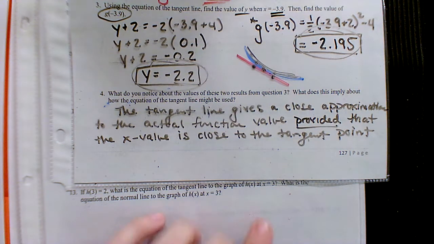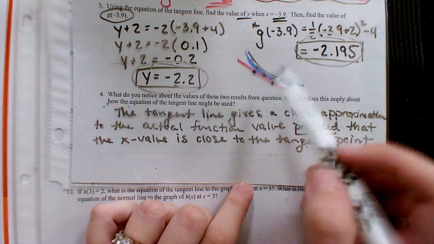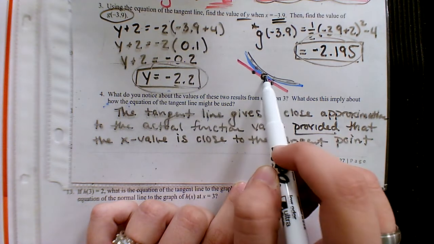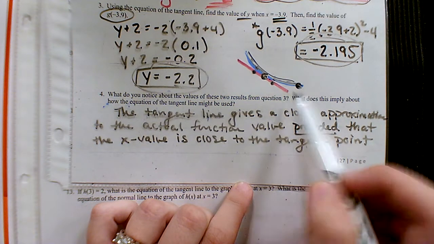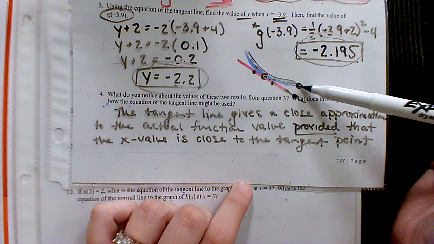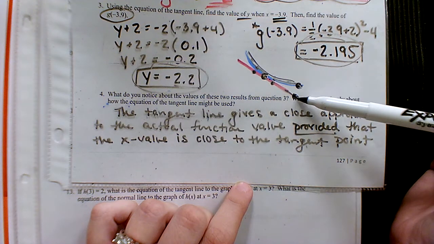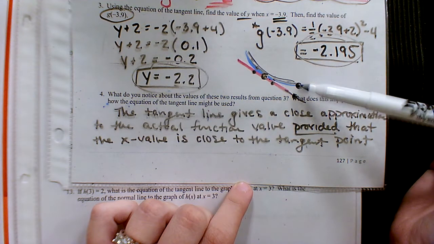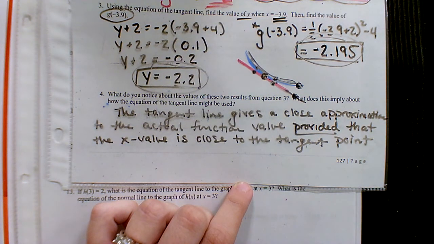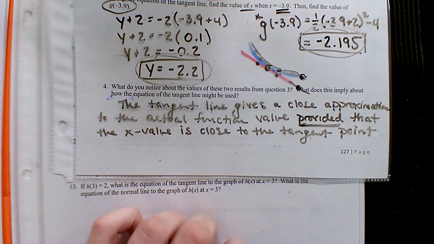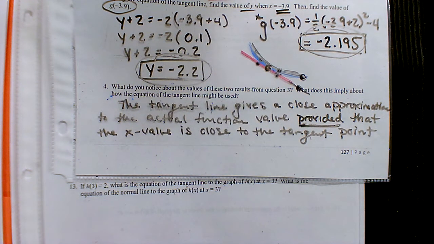If you take a look at my drawing here on the graph, if my tangent point is somewhere right there, and I were to choose something further away, for instance over here, isn't the difference between the actual function value and the tangent line bigger? That's a bigger difference than what they are here, right? So in order for it to be a good approximation, the x location in question has to be close to the tangent point. The further you get away, the less accurate you're going to be. So we're going to throw that stipulation in there, provided that the x value is close.